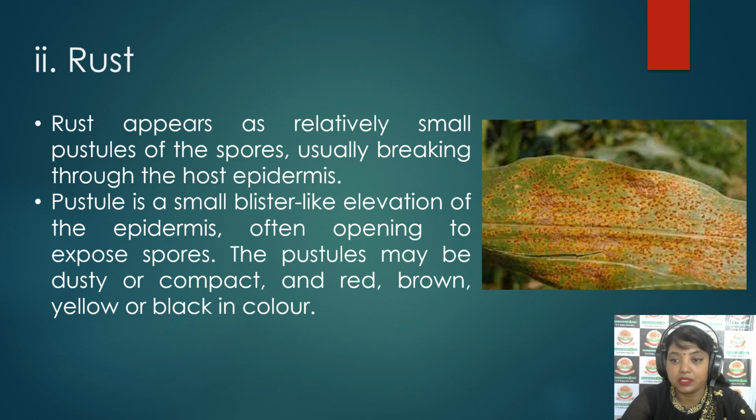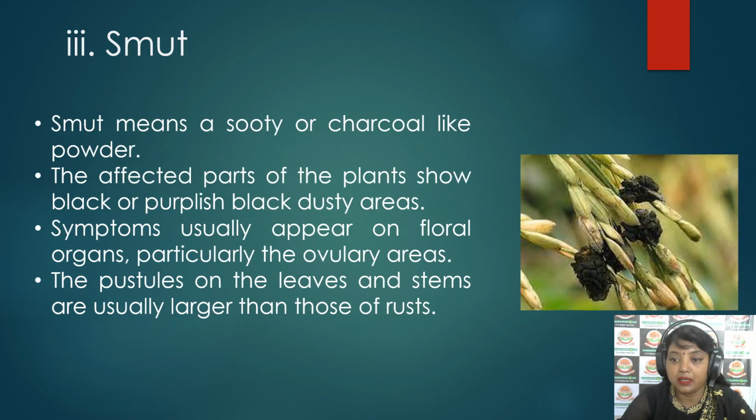So this is rust. Now smut. Smut means a sooty or charcoal-like powder. The affected parts of the plant show black or purplish black dusty areas. Symptoms usually appear on floral organs, particularly the ovulatory areas.